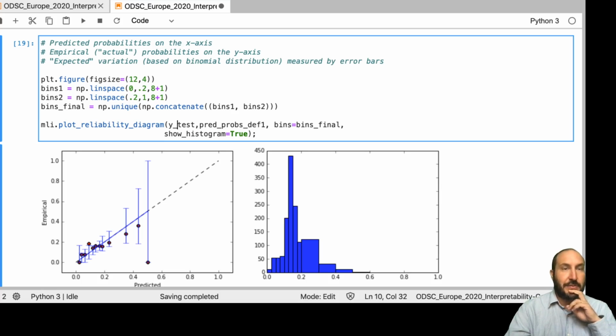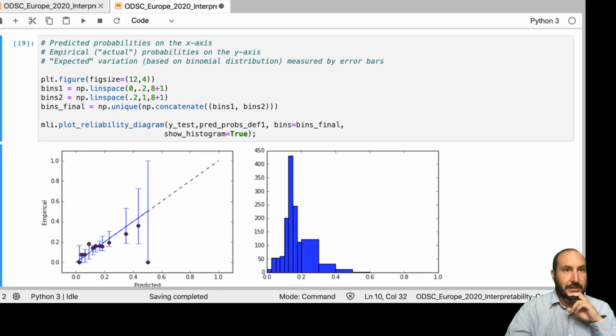So, for example, if I look at this bin here between 0.2 and 0.3, we had about 120 or so different cases where my model predicted between 0.2 and 0.3. And that corresponds to this point over here.